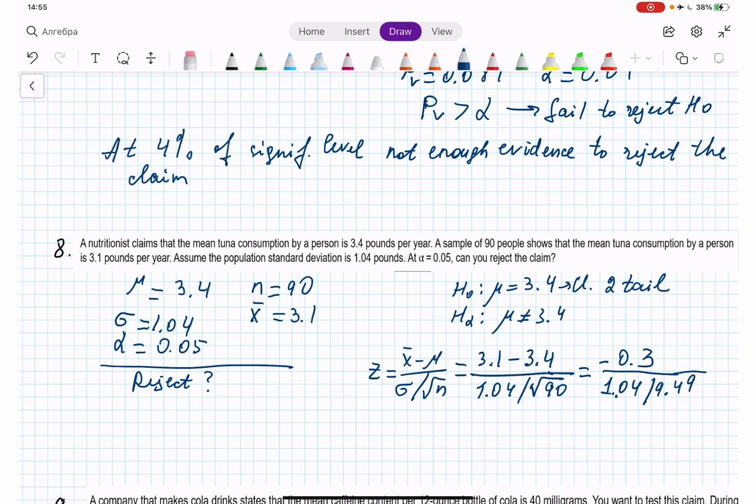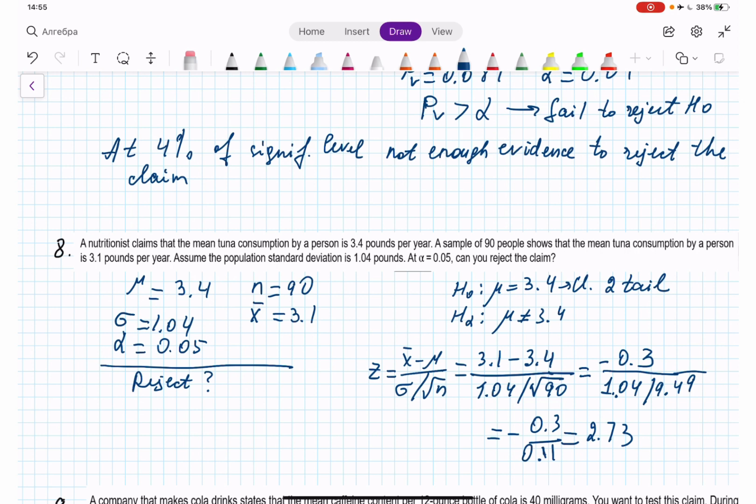So we are going to get negative 0.3 divided by 0.11, and we are getting 2.73.